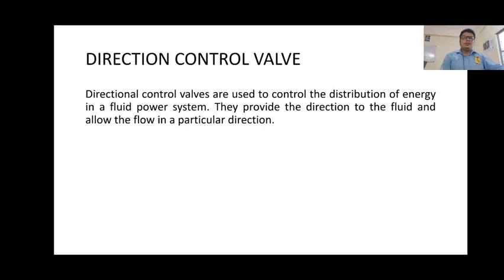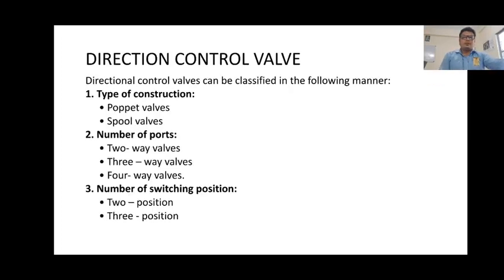If we further divide the directional control valve, there are basically 4 types, in which the first one is the classification based on the types of construction. According to that, it has 2 types, that is poppet valves and spool valves. The second type is the classification based on the number of ports. Basically 3 subtypes: first one is 2-way valves, second 3-way valves, and third one 4-way valves.